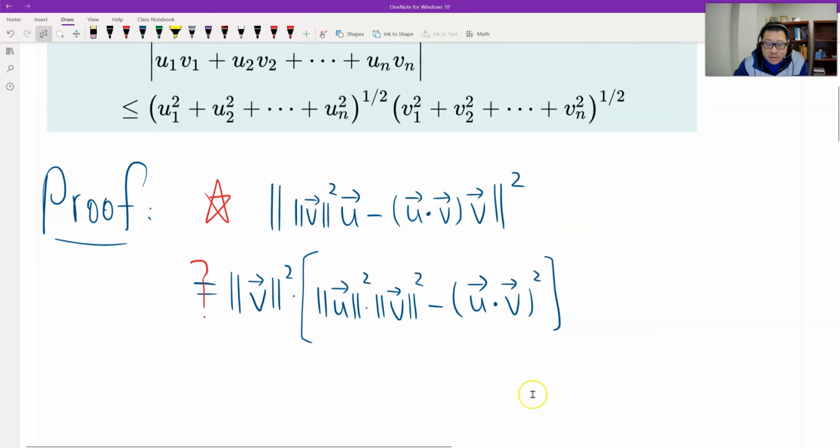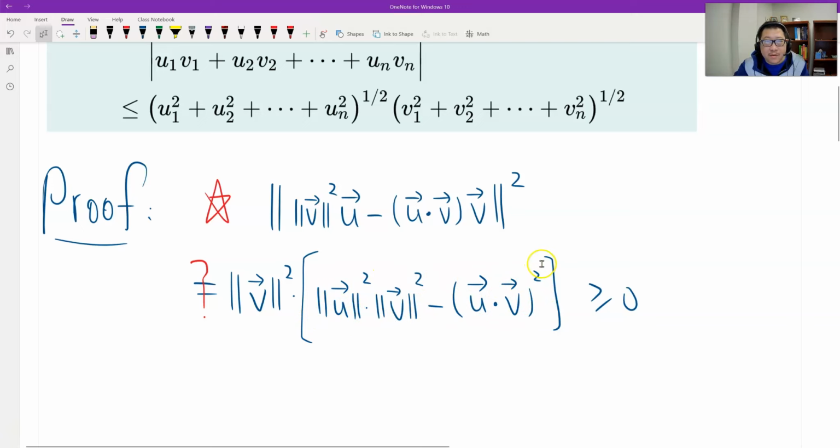If this is true, we definitely know this should be greater than or equal to 0, right? Because that's the norm of the distance squared. And this first term is greater than 0, and the second term should be greater than or equal to 0. So therefore, the second term should be less than the first.